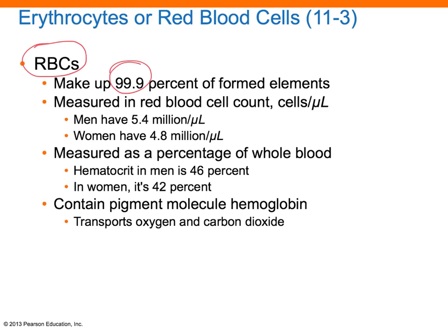The red blood cells are also called erythrocytes. And the hormone erythropoietin is what is responsible for controlling the rate of red blood cell formation.